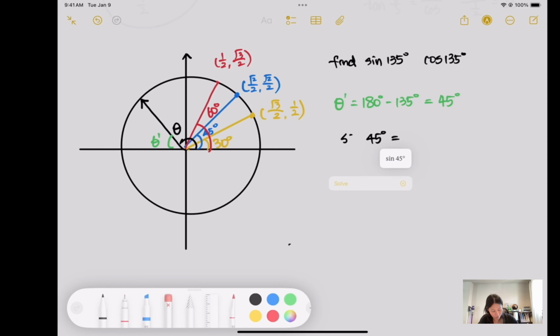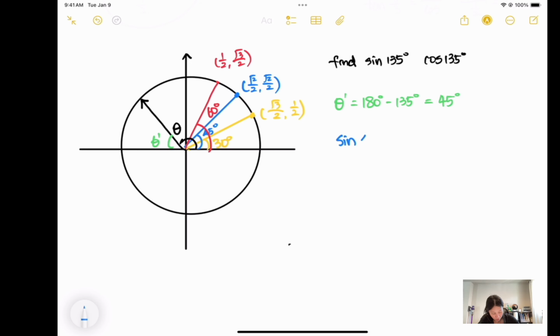Sine 45 degrees is equal to the y coordinate, which is square root of 2 over 2, and the cosine of 45 degrees is the x coordinate, which is square root of 2 over 2. How does this relate to 135 degrees? In fact, the numbers are the same. The only thing different is we need to be careful about the sign.